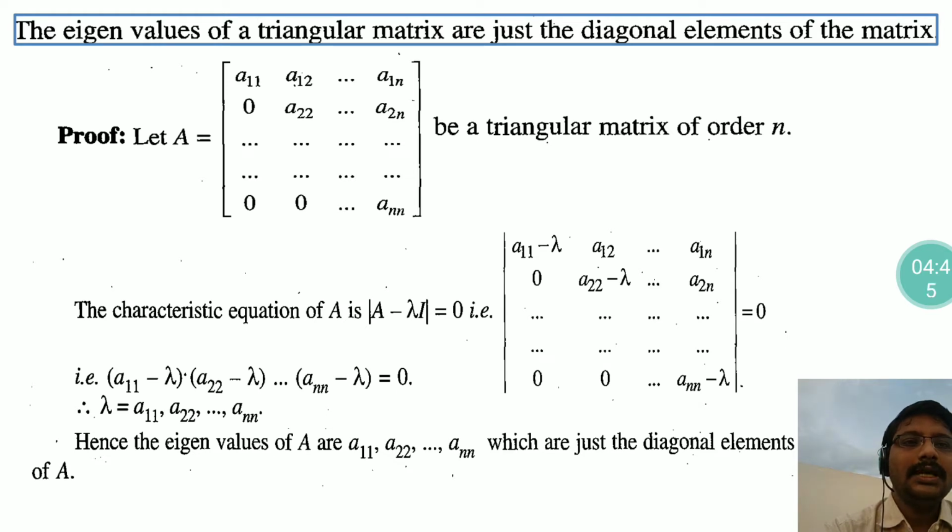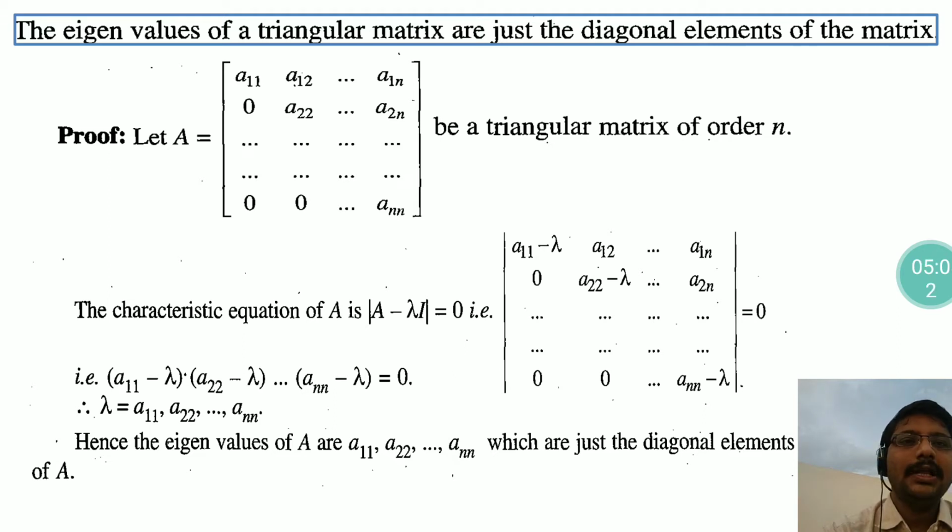Now to prove the required result, first we consider the characteristic equation. The characteristic equation of A is determinant of A minus lambda I equal to 0.